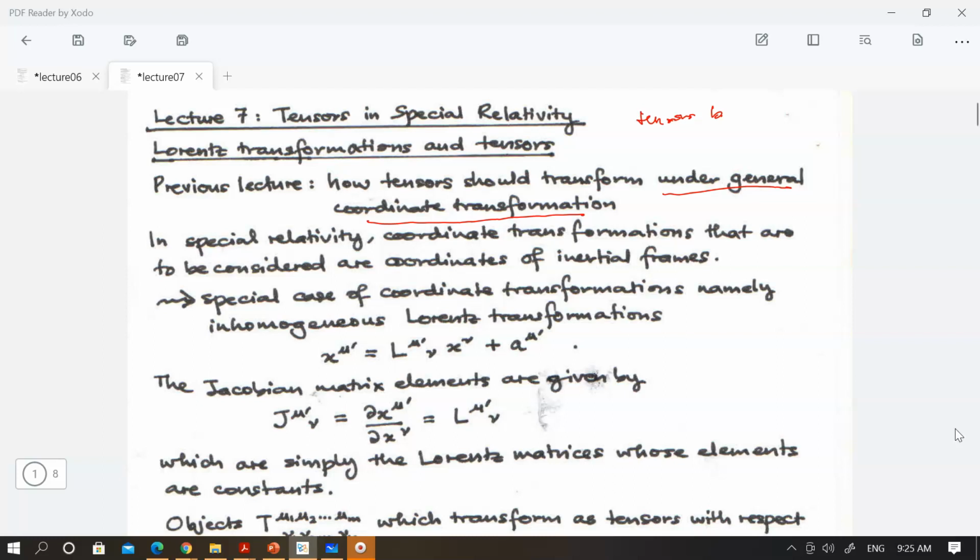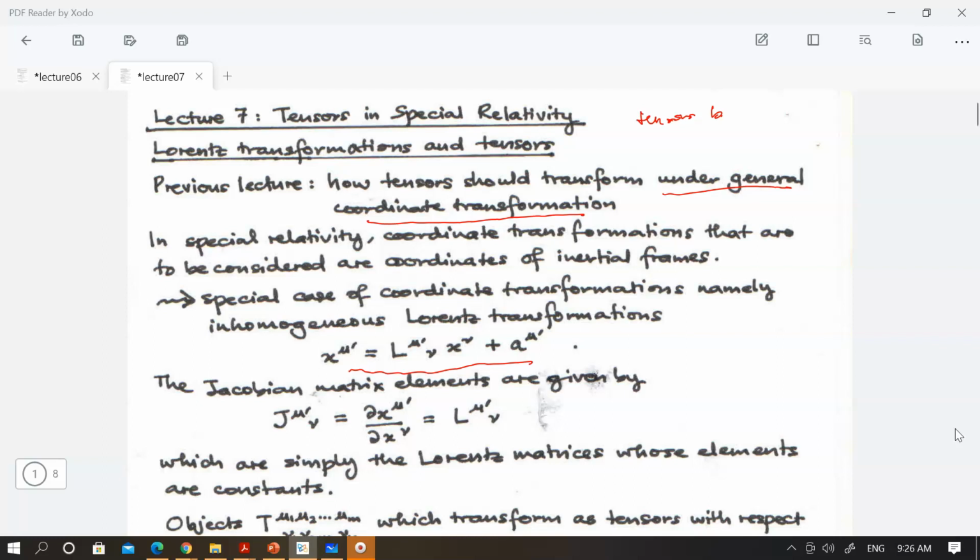These are frames related to, say, the stationary frame by a linear transformation, and the linear transformation that we have seen earlier when we defined them is only of this particular form. Here you have your inhomogeneous part, which makes a translation of the origin of your coordinate system in space and time.